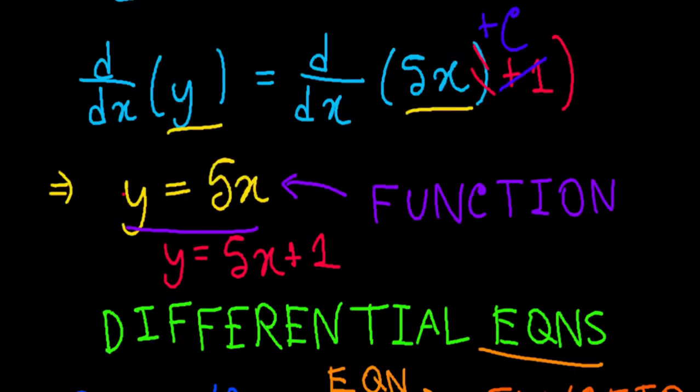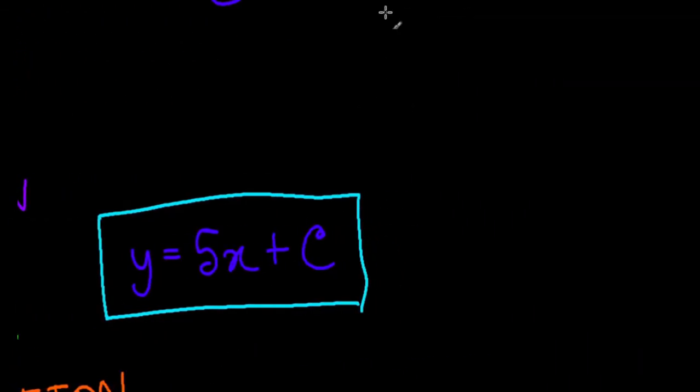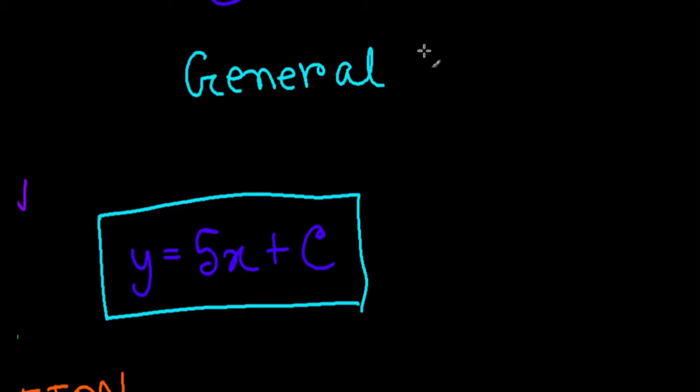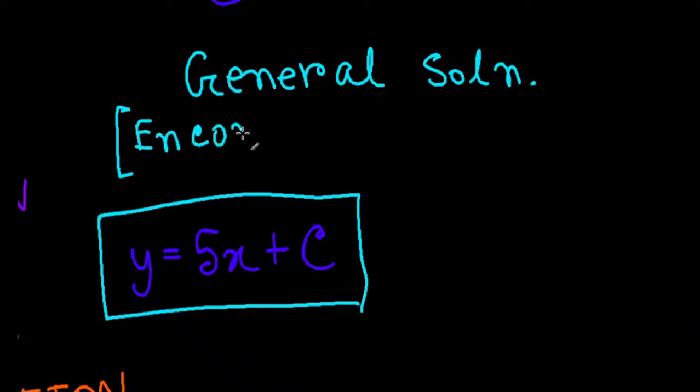This type of solution is called a general solution. So let me write that down. General solution: it encompasses all solutions to my given differential equation. I'll write that in caps.